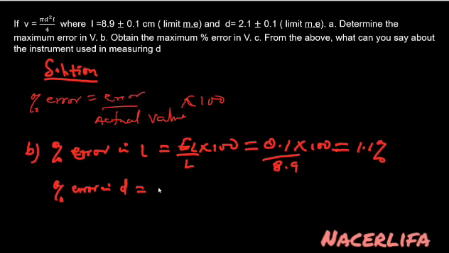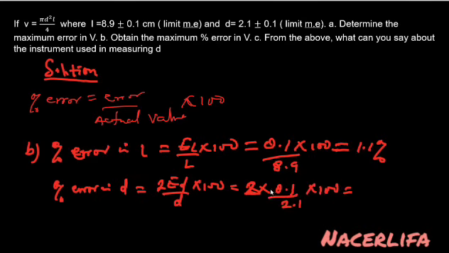from what we did earlier, it will be 2 times the error in D upon D, times 100. So 2 times the error in D is 0.1 upon 2.1, times 100. Once you do this math, you have approximately 10%.